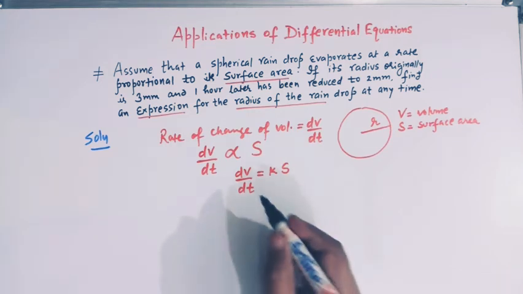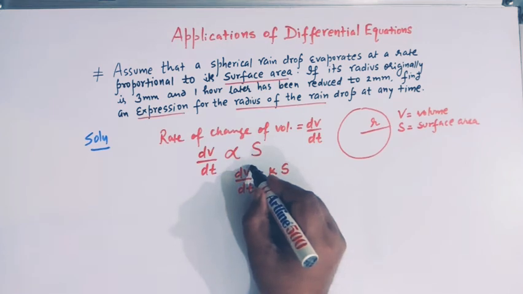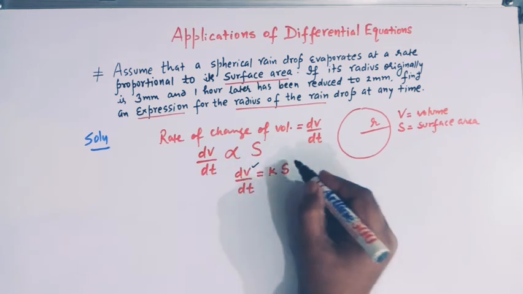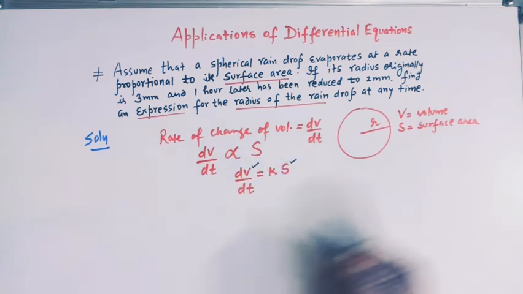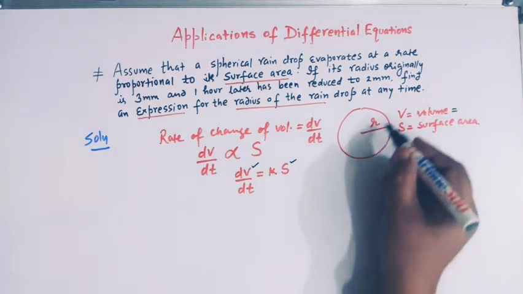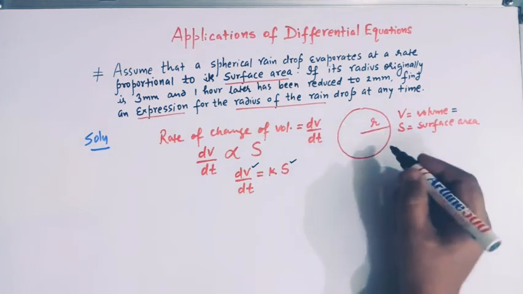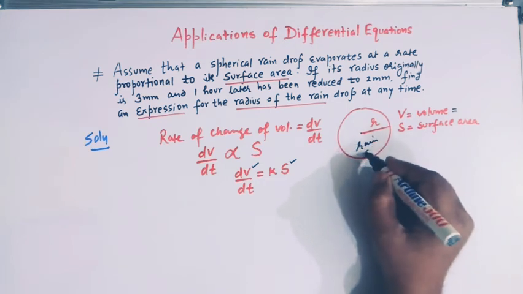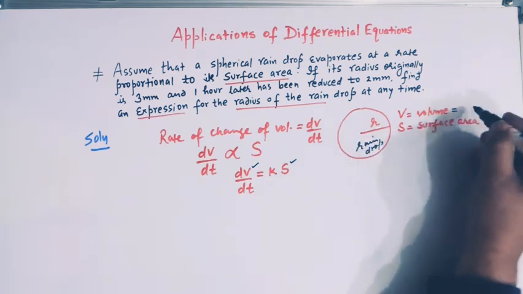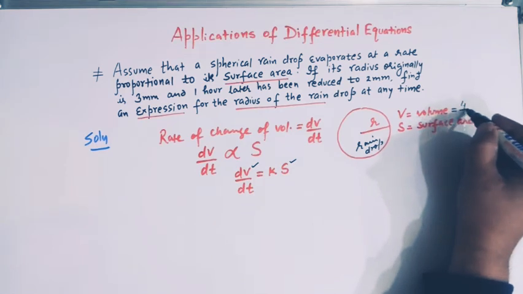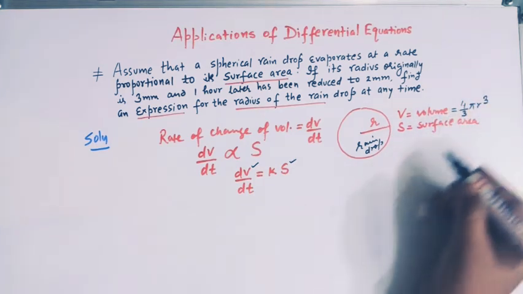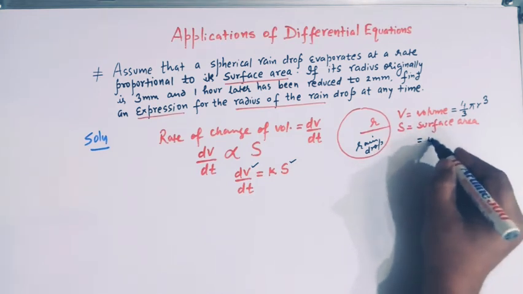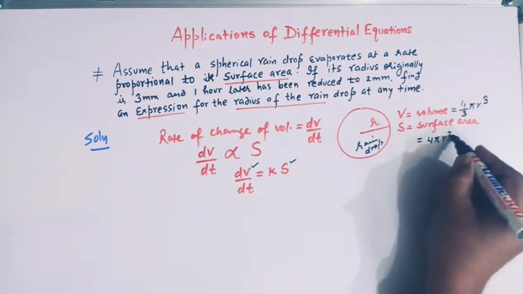Now we'll substitute the value of the volume and surface area. The volume of this spherical raindrop is 4 over 3 pi r cube, and the surface area is 4 pi r square.